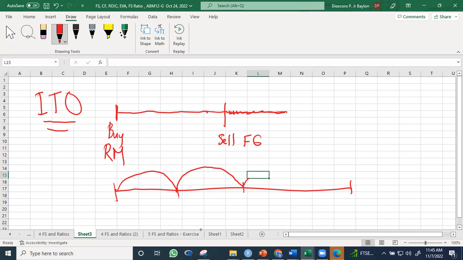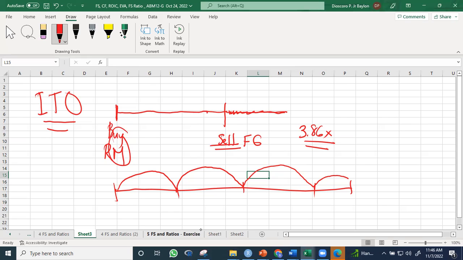Buy raw materials, sell the goods. That's 3. Buy raw materials, tapos hindi pa masisell yung goods, that's 0.86. So 3.86 times. That's the inventory turnover. So ibig sabihin, the company can, sa isang taon, 3.86 times siya bumibili ng raw materials on the average, no? And then sell the finished goods.